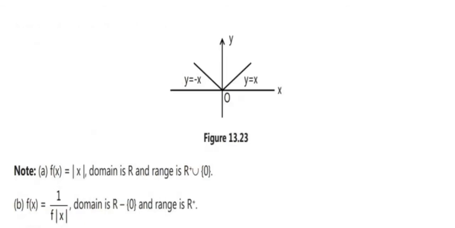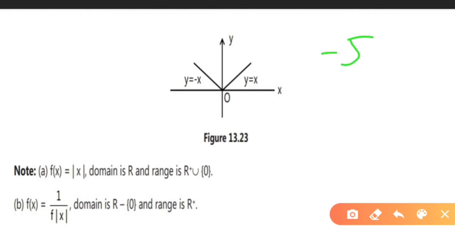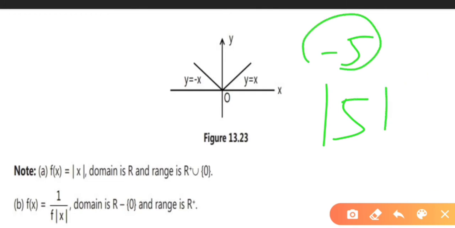The next one, there is a graph here. Let's see. Note, the first one is f of x equals mod x. Mod x includes positive as well as negative. If you have minus 5 and apply mod, it becomes 5.